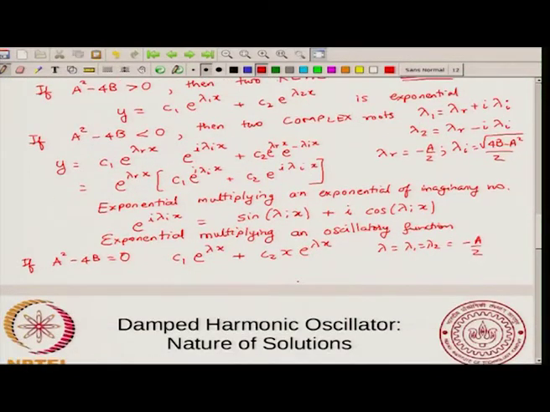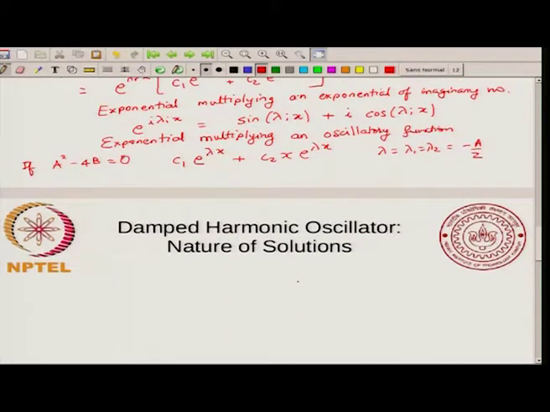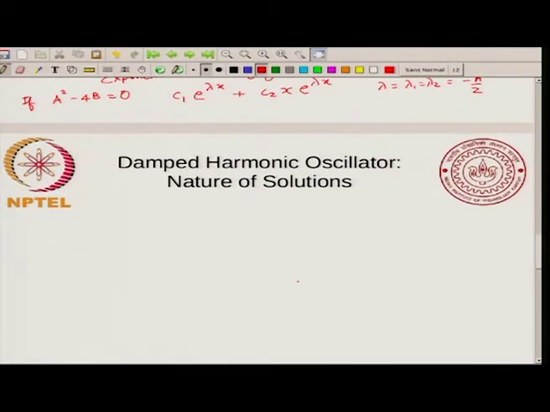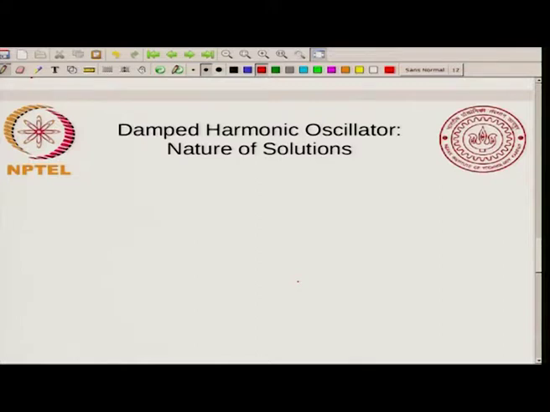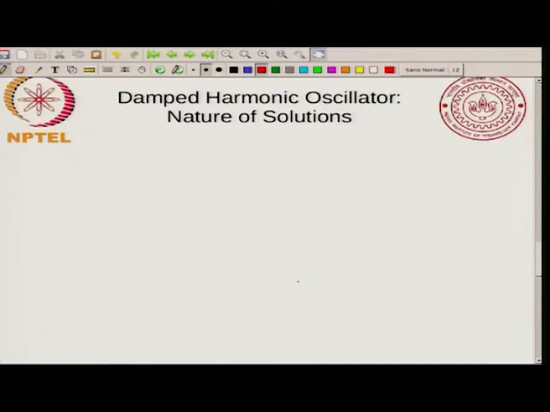Now these ideas that we said here are actually seen in a very practical situation, which is called the damped harmonic oscillator. So, what is the damped harmonic oscillator? It satisfies a differential equation y double prime plus 2 eta y prime plus omega square y equal to 0.